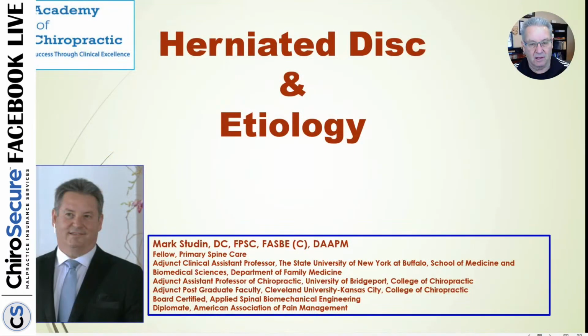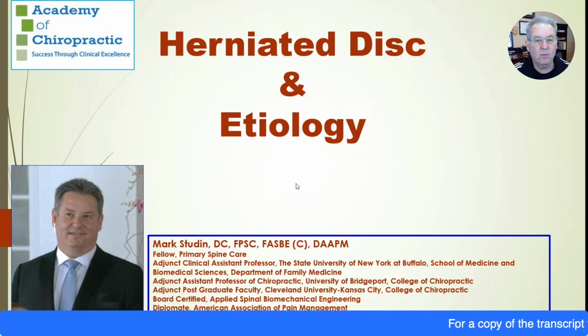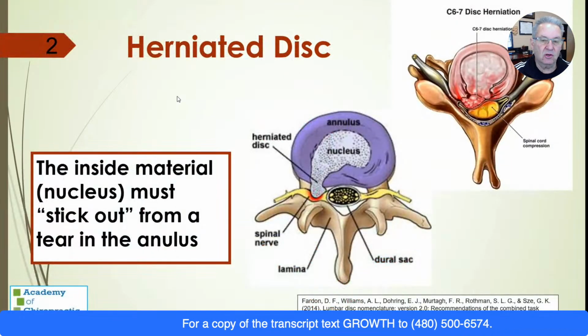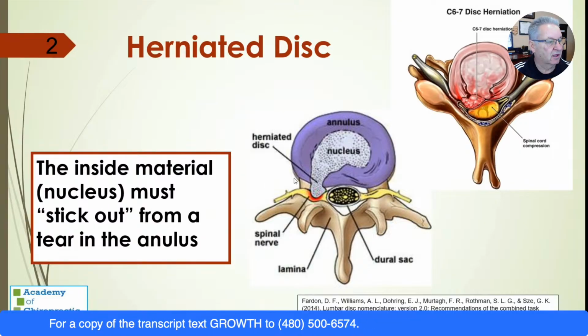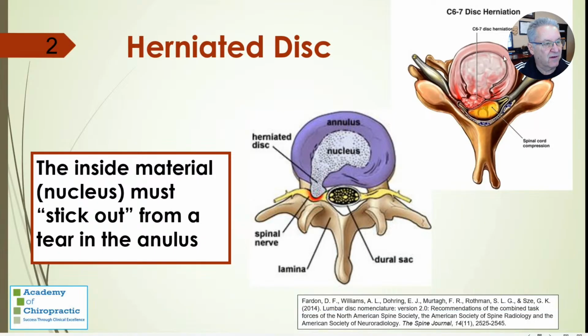So what we're going to talk about today is herniated discs and etiology. Now, when we look at herniated discs in etiology, we have to understand what a herniated disc is. It's when the inside nucleus pulposus material goes on the outside. This is the nucleus pulposus, this is the annulus fibrosus, basic morphology.